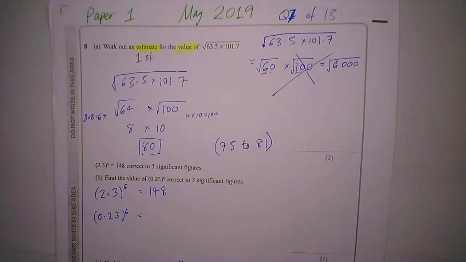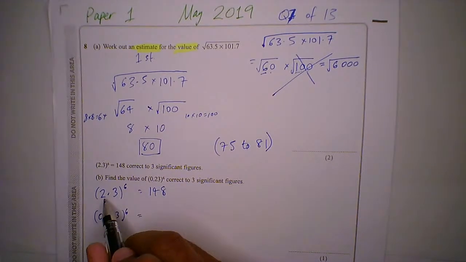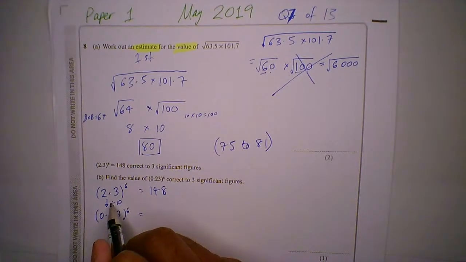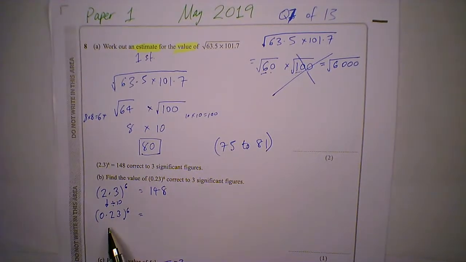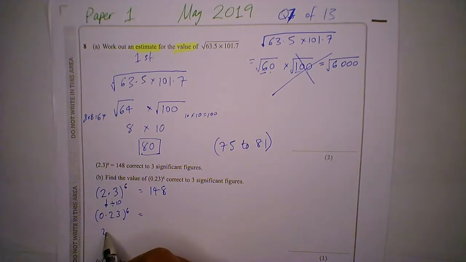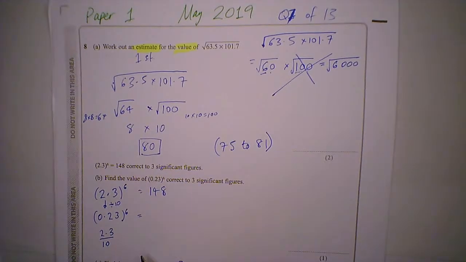Now, I am looking for patterns. If I spot a pattern here, this is 2.3 divided by 10, which gives me 0.23. So what I can do is think of this as 2.3 divided by 10, and I've got a power of 6 here.